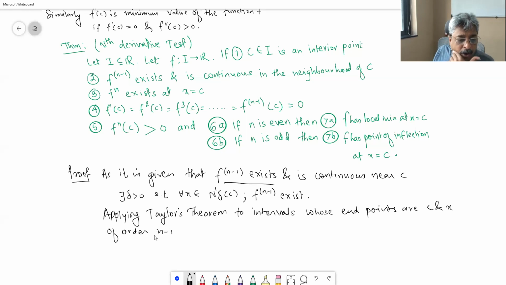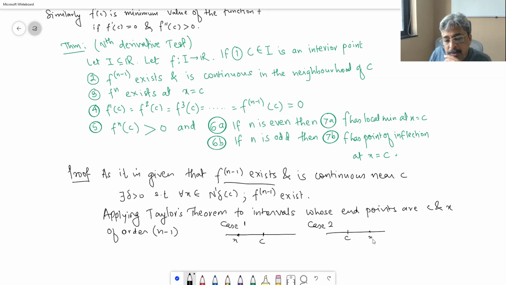Taylor's theorem of order n minus 1. If we apply it, there are actually two cases. Here you have C. Case 1, you consider x to the left of C. Case 2, you consider x to the right of C. These are the two cases which we have in mind. So keep it inside brackets.